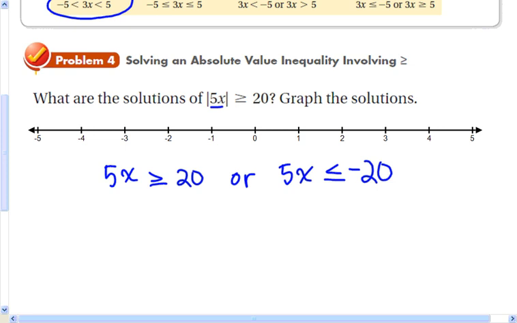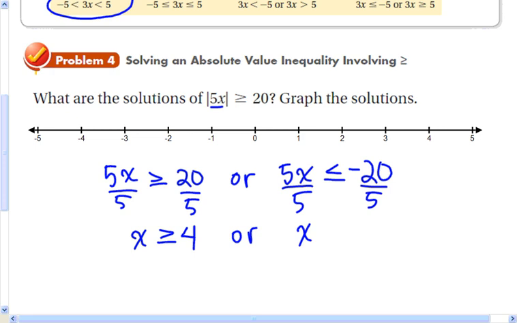That will give us 20 units to the left of 0. When we solve this, if we divide both sides by 5, we get x is greater than or equal to 4, or x, if we divide both sides of this by 5, we get x is less than or equal to negative 4.